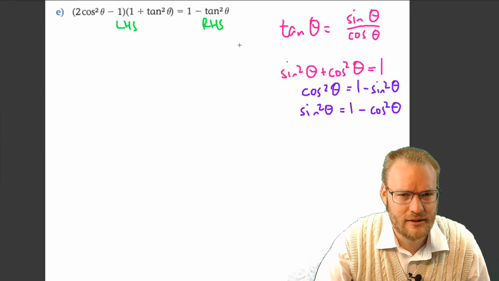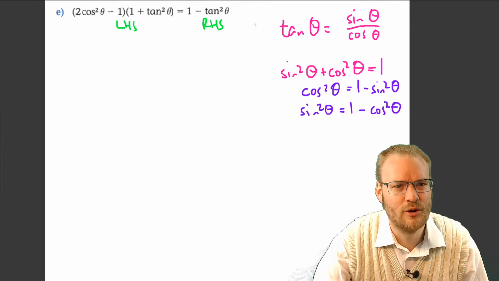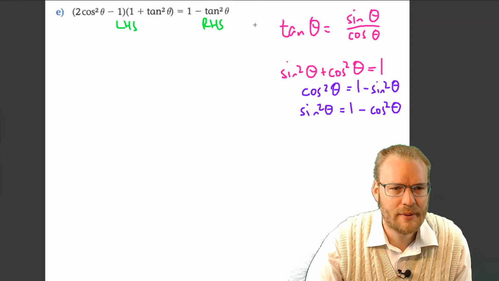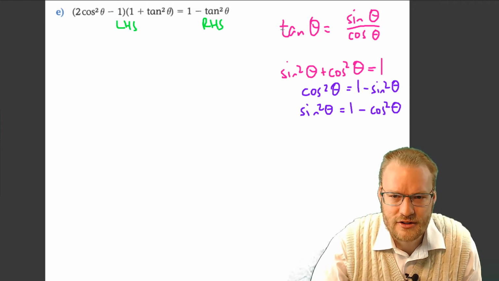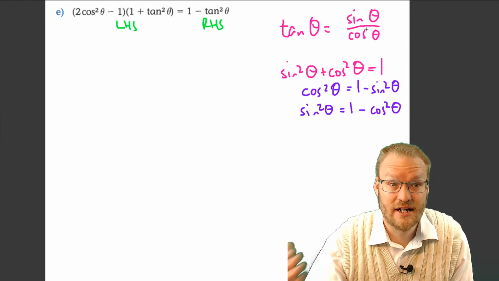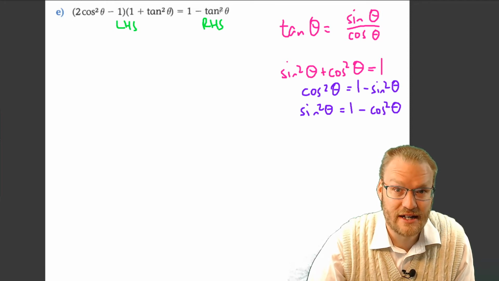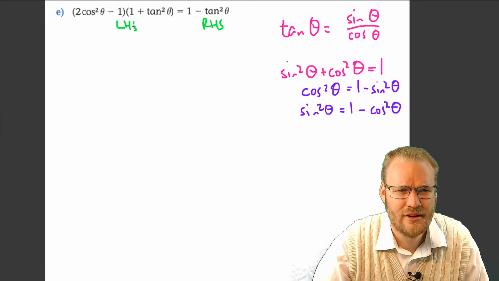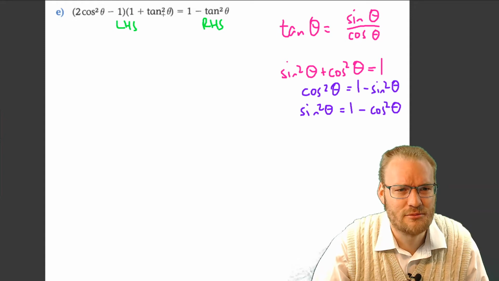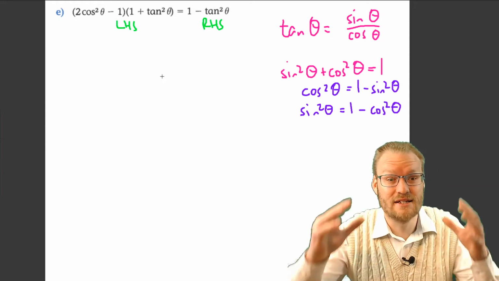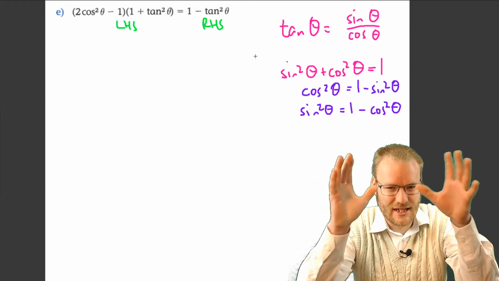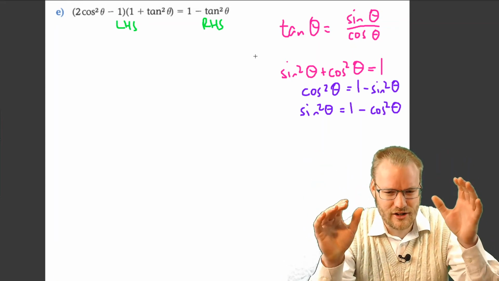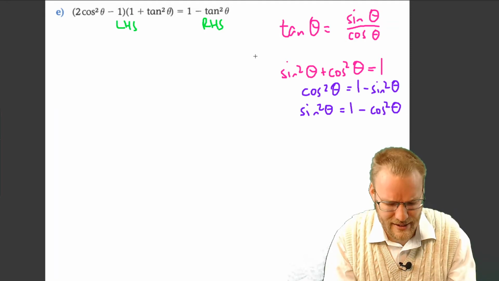Guiding principle one was, if we saw tan on one side and not on the other, we're going to work with that side, because then it was easier to just use this first identity and change everything to sines and cosines. Both sides have got tans, so that one doesn't work. The other guiding principle is, this one looks more complicated, so it will probably be easier to simplify down to the right-hand side. It's easier to just keep simplifying than it is to try and make the thing more complicated.